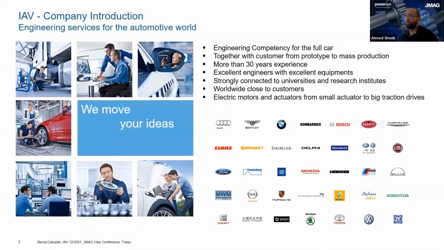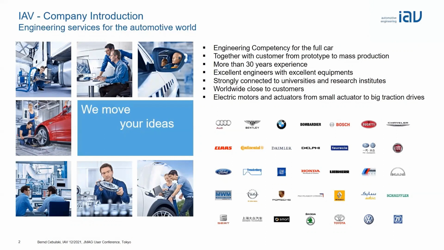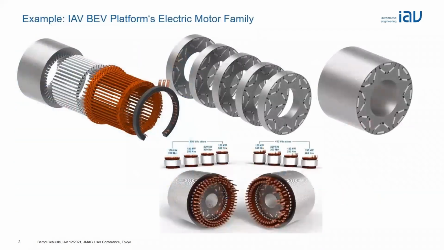Regarding electric motors, we are doing any kind of stuff, starting from very small 1 watt stepper motors used for air conditioning systems, up to 500 kW big electric drives for sports cars and heavy-duty trucks. One of the examples of our developments I can show you today is the electric motor family that has been developed for IAV's battery electric vehicle platform.